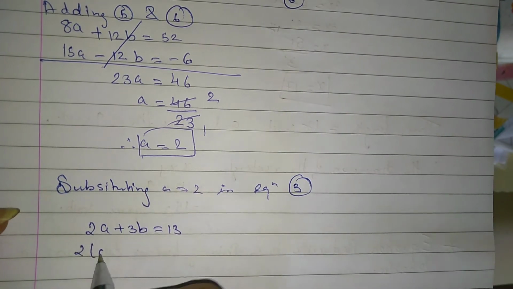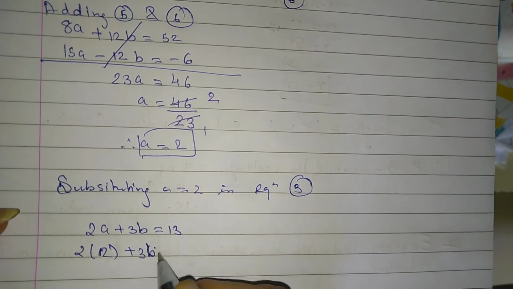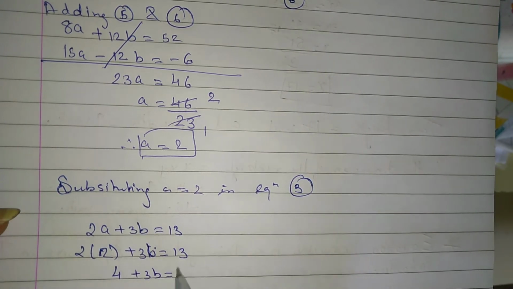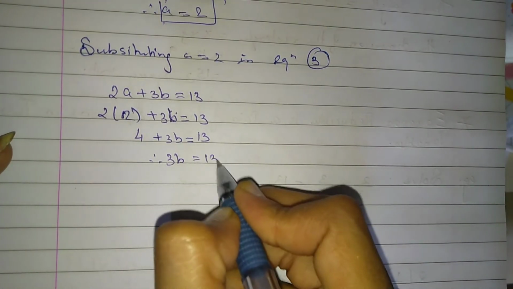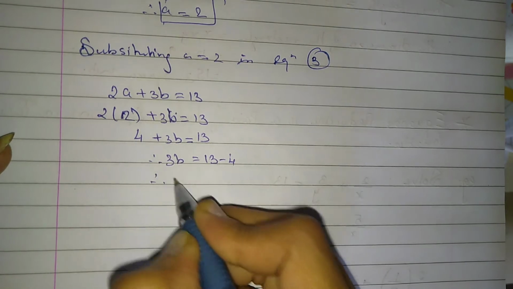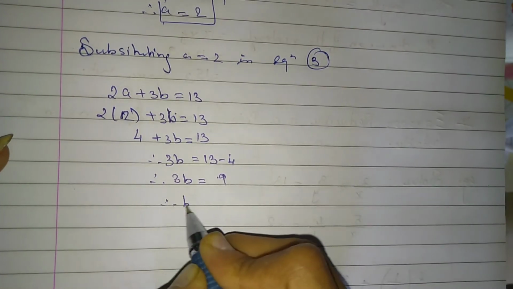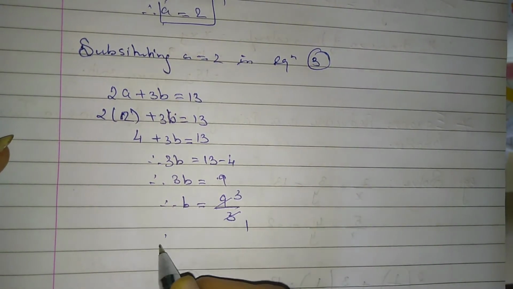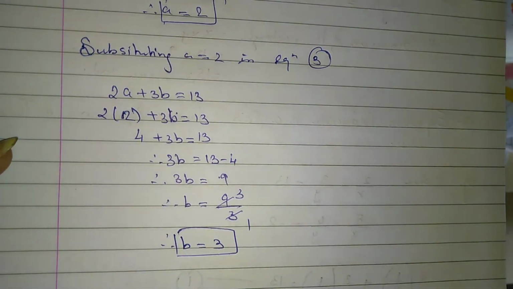So 2 into 2 plus 3b equal to 13. 2 twos are 4 plus 3b equal to 13. Therefore 3b equal to 13 minus 4. Therefore 3b equal to 9. Therefore b equal to 9 upon 3. 3 ones are 3, 3 threes are 9. Therefore b equal to 3 is the answer.